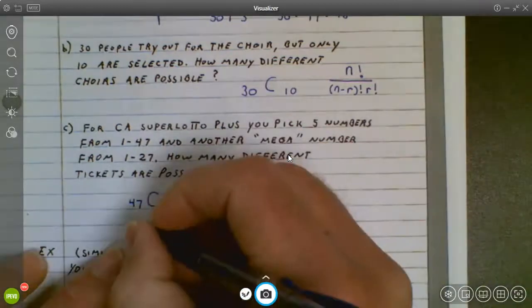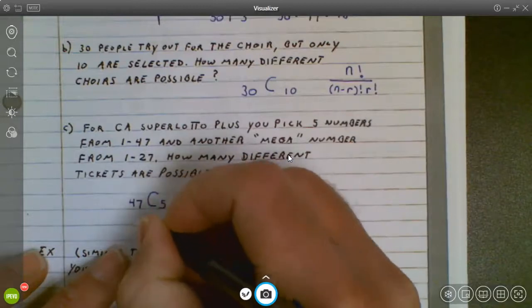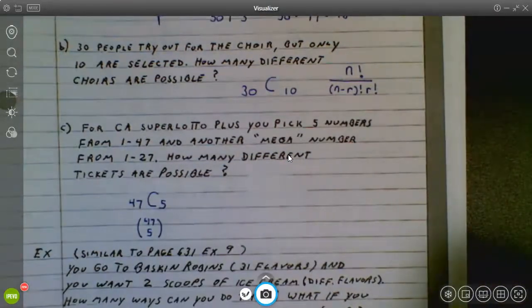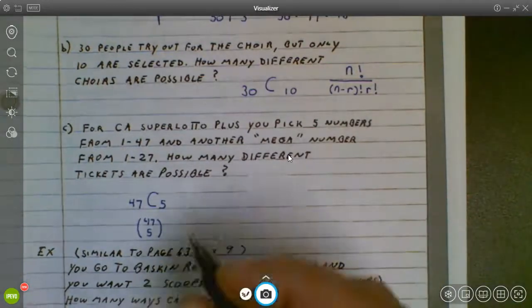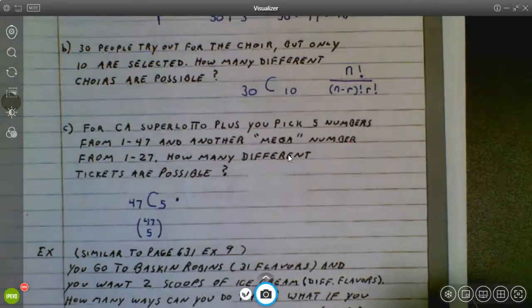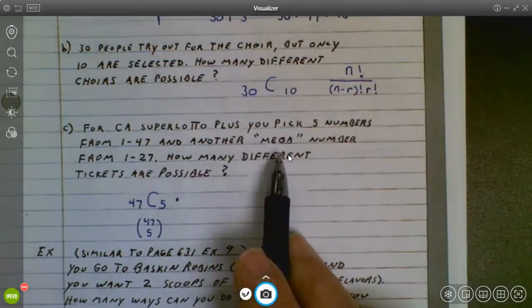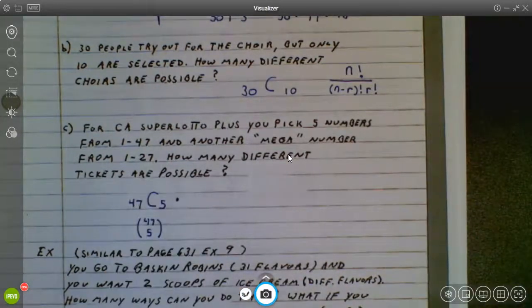All right, or you could write it this way. I showed this notation up above. That means the same thing, by the way, so you could write it either way. So 47C5. And I'm multiplying here, multiplying my options together, just like the counting principle. So then I also have to pick a mega number from the numbers 1 through 27.